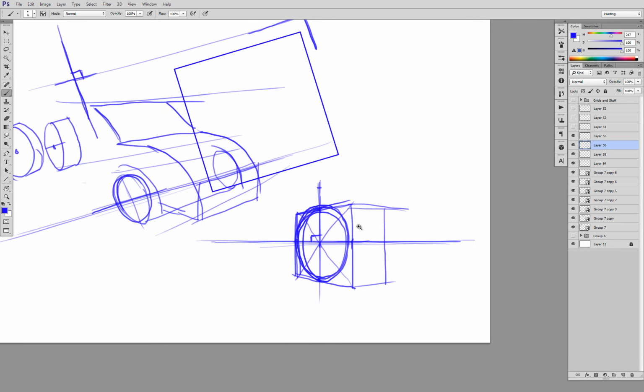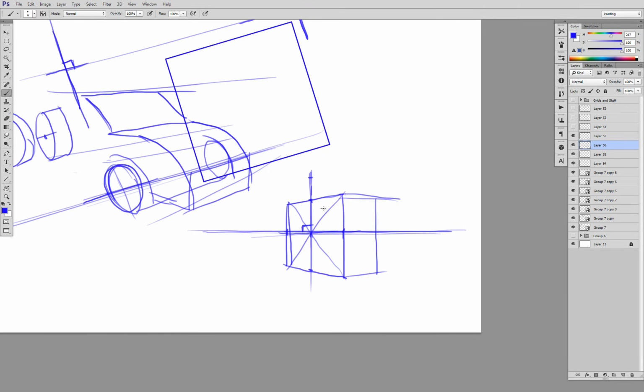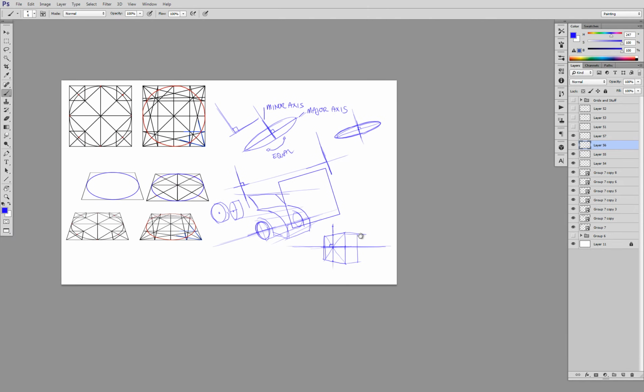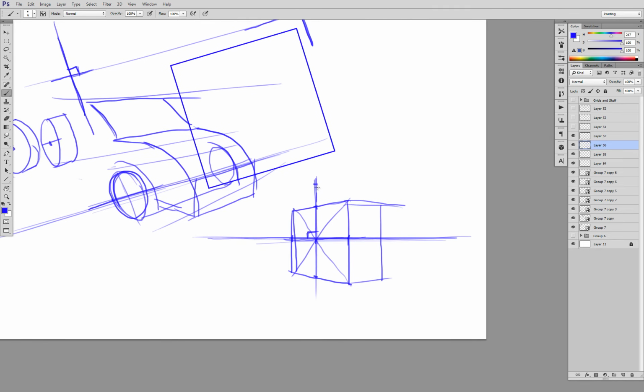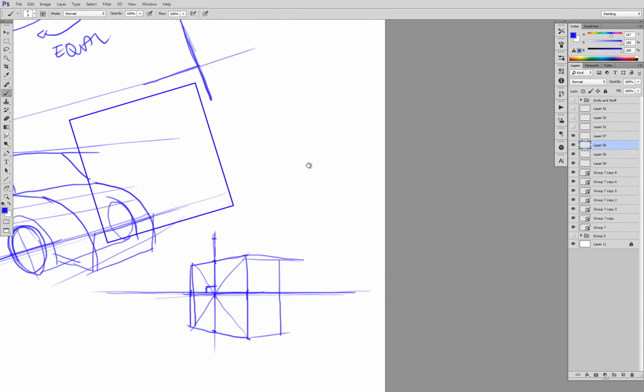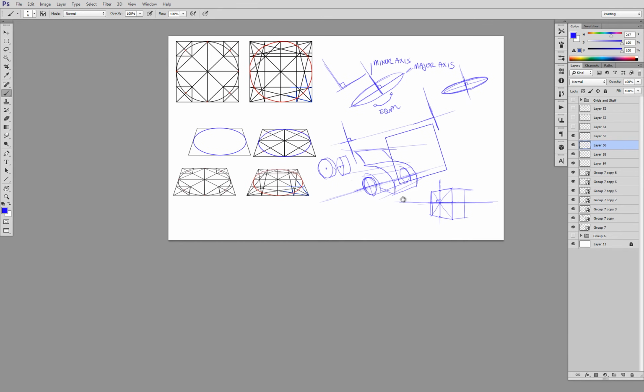And that'll give us a close approximation. So I think in this case, because it's on the horizon, that's probably not the best example. Let's do another one.